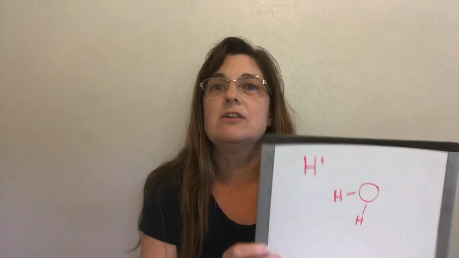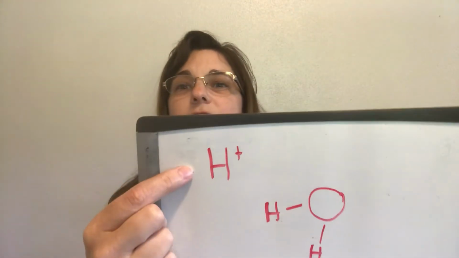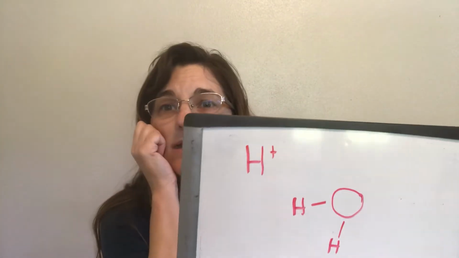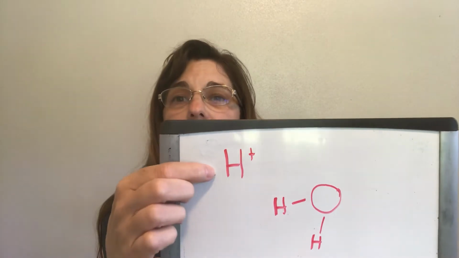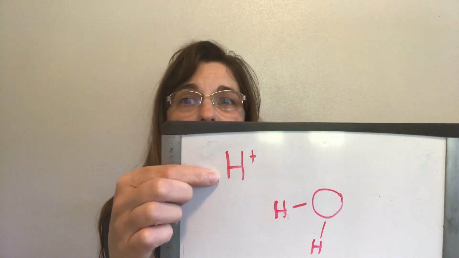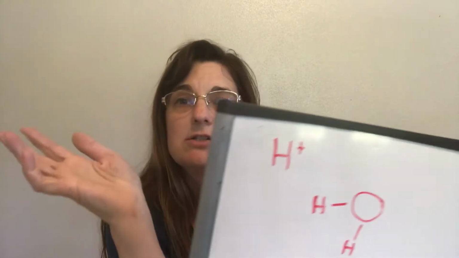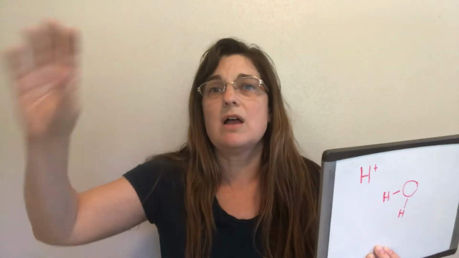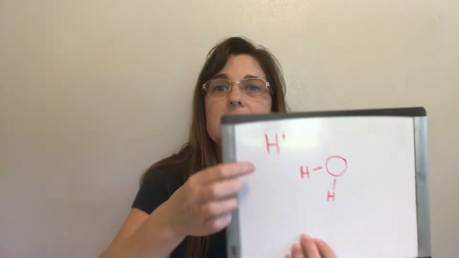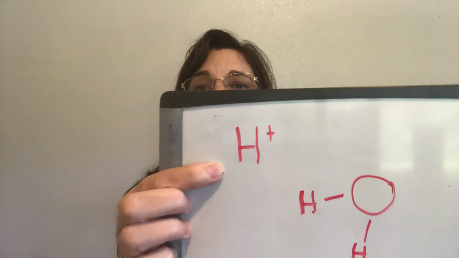Before we get into the math behind pH and pOH, I want to remind you that the way we consider something an acid is if it donates hydrogen ions when it's in solution. A hydrogen ion is basically a hydrogen atom that has lost its electron. Remember, a hydrogen atom usually has one proton, one electron. If it loses it, it becomes positive because it lost a negative charge.